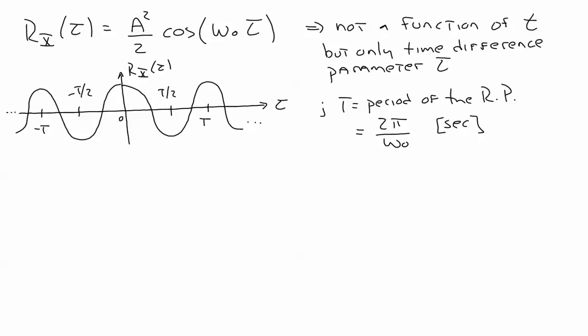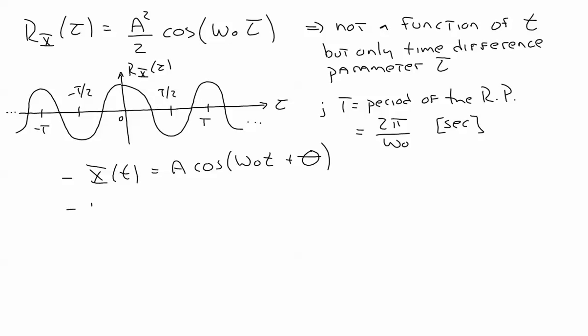All right. And so let's make a couple of observations here. Remember, my random process x of t was a cosine omega naught t plus random variable theta.